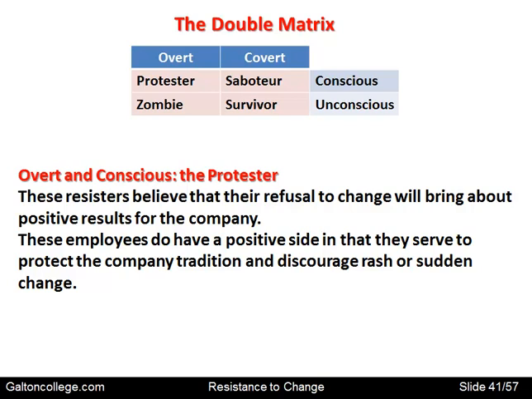There's something good about these people, because sometimes change can go through too fast and perhaps not have been thought about or reflected upon sufficiently. And when it's implemented, it can be a disaster. It could not lead to the efficiencies that were anticipated. So by having protesters, people who are arguing against it, it slows everything down.